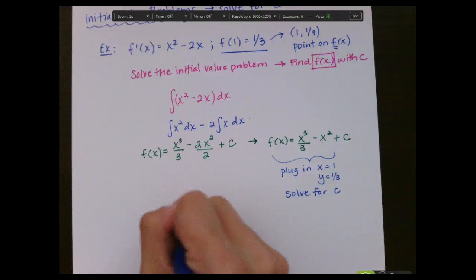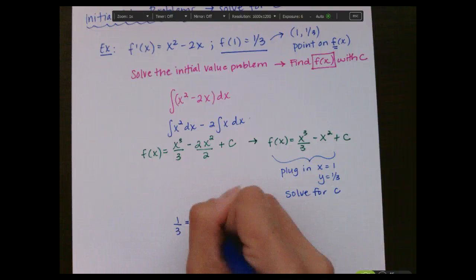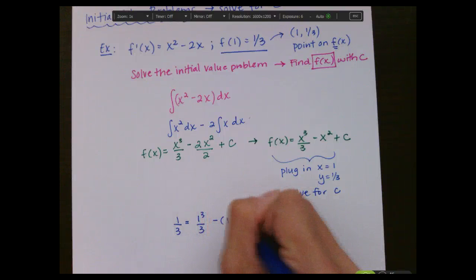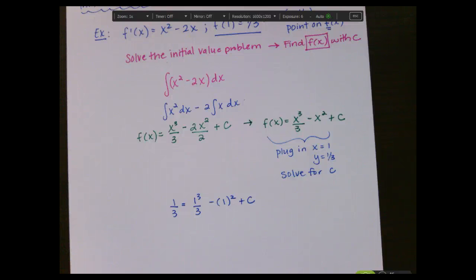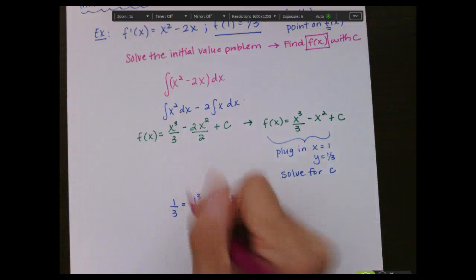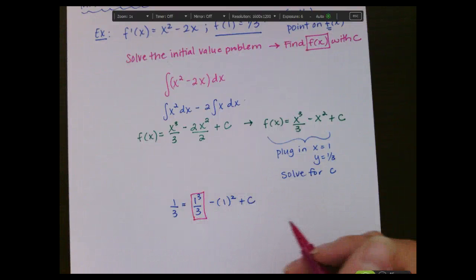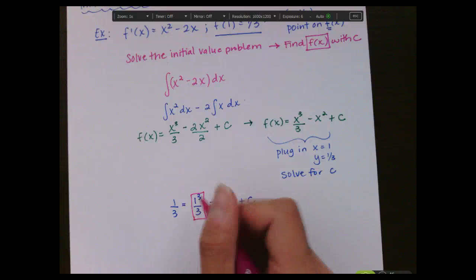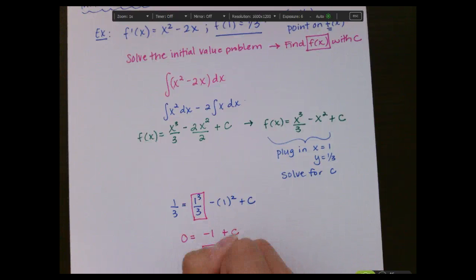So 1/3 equals 1 cubed over 3 minus 1 squared plus c. This is kind of nice here. 1 cubed is 1, so that gives us 1/3, which means that if I subtract that from both sides, they cancel each other out. Here, I've got negative 1 plus c, which tells me that c equals 1.